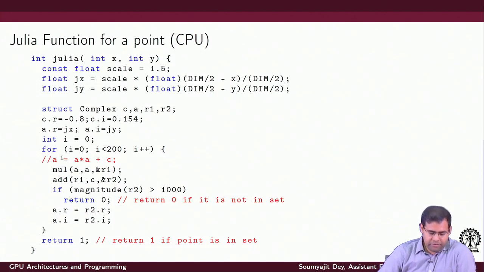At the end, if within these 200 iterations the magnitude never crosses 1000, then I have the final value here in A. If the loop executes all 200 iterations without ever returning early, you finally make a return from this point, and the final computed value is stored in the complex data type A.